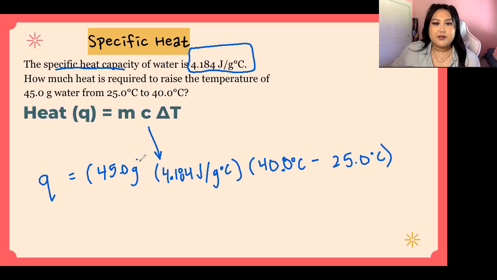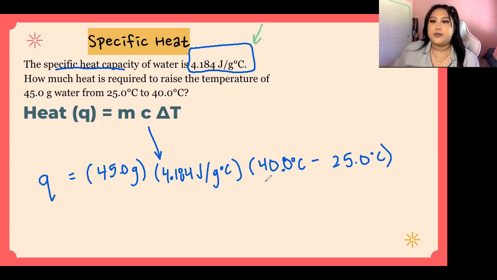Okay, so before we move on, is everything in the correct units? It looks like it, because you could cross out the grams and the degrees Celsius, since both grams and Celsius are at the bottom. So you'll end up with joules. Yeah, so we most often want to match it with the specific heat units.